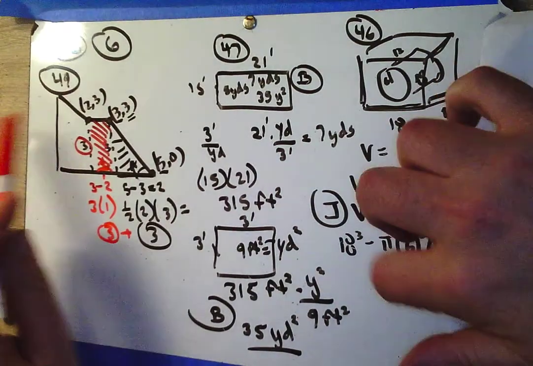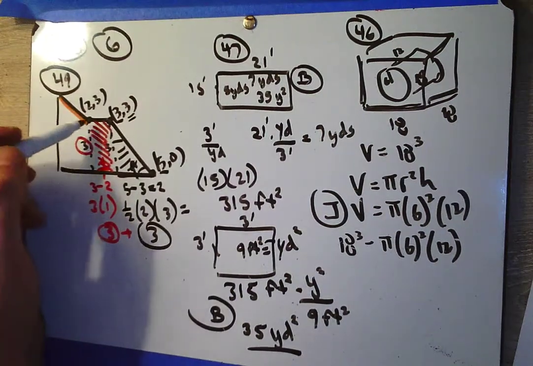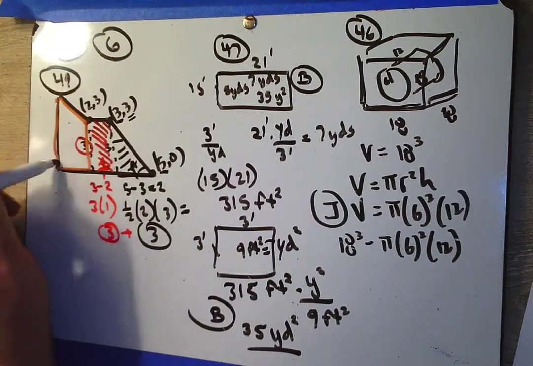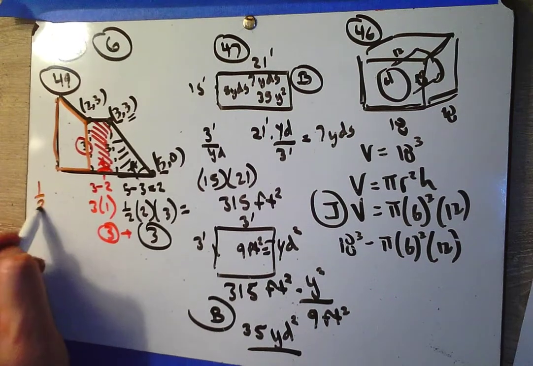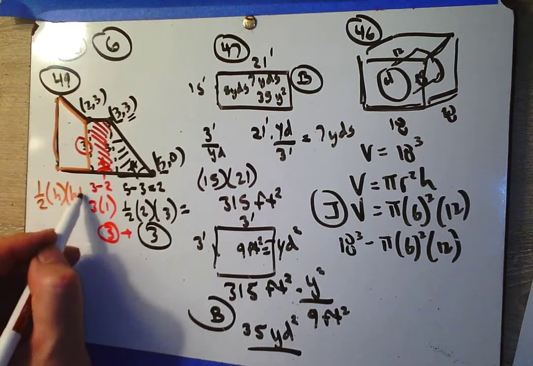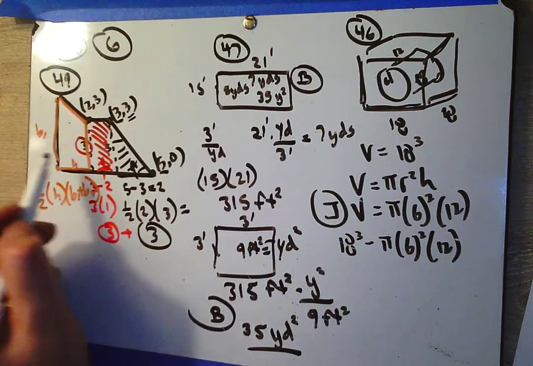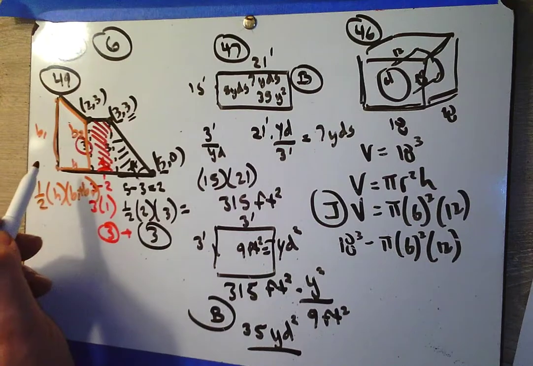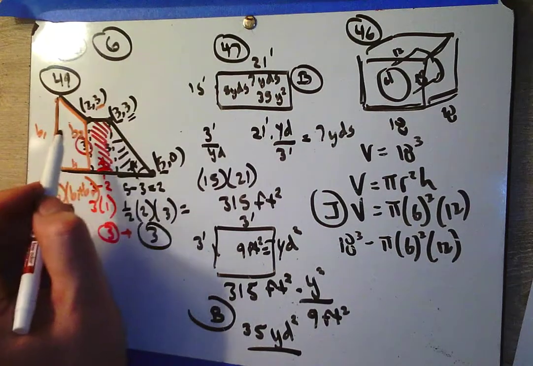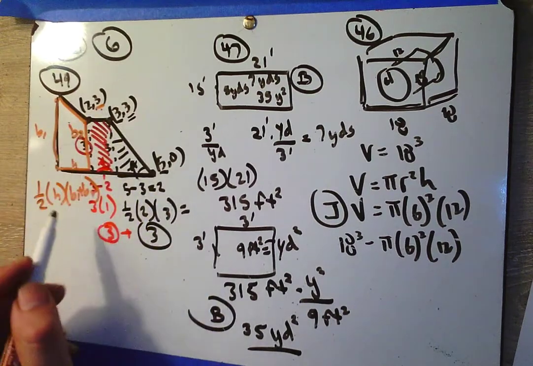And then we have a trapezoid. We just did an area of a trapezoid problem. We remember that the formula is 1/2 height times (base 1 plus base 2). Here's the height, here's base 1, here's base 2. Base 2 has a length of 3.